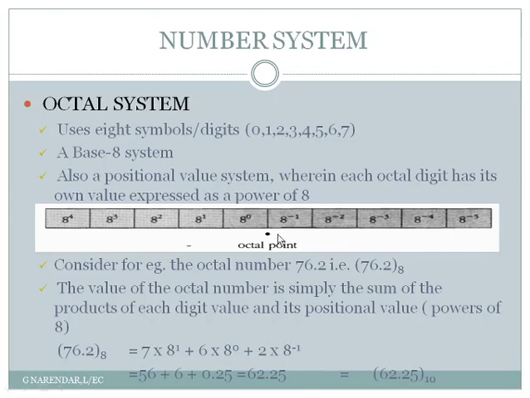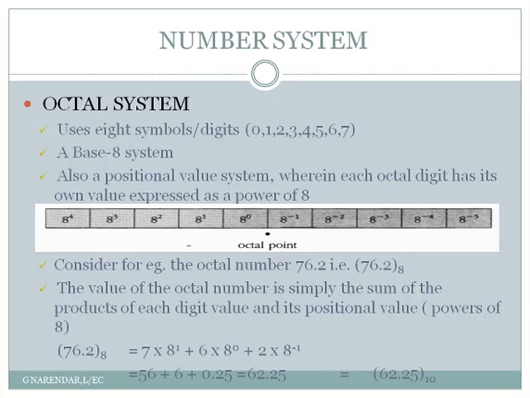When you move towards the right away from the octal point, the position values will be 8 power minus 1, 8 power minus 2, 8 power minus 3, and so on. Since the octal system is a base 8 system, all the positions will be powers of 8, with negative powers towards the right of the octal point and positive powers towards the left of the octal point.